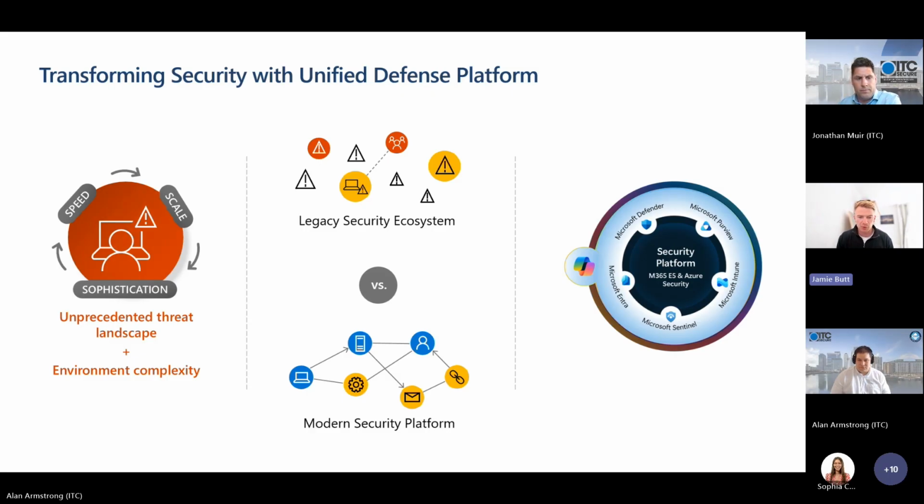You may have heard of it, but for those who haven't, that's effectively our advanced security suite for your users. So it's going to cover everything for your users across your threat protection, identity, and data security use cases. And the fact that we've got these different licensing bundles, depending on where you are in your journey, means you can absolutely jump in and start driving value from the existing tooling you may have.